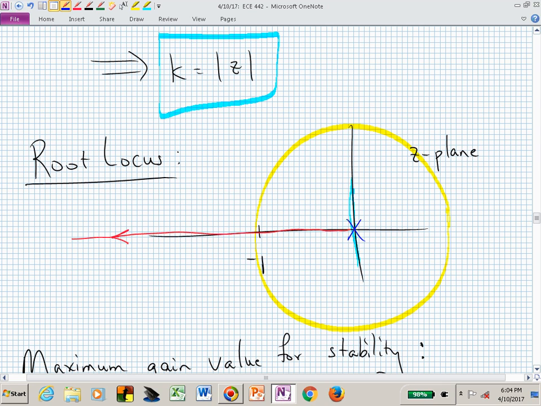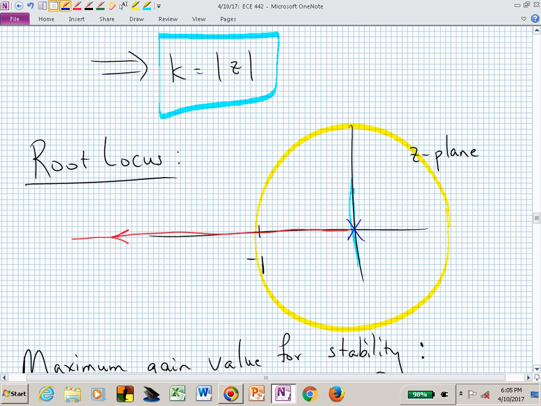We could evaluate it and we would get a value of 1. But that has no meaning because is the red line ever located at z equal to 1? No. So we do not have the potential of having a closed loop pole at z equal to 1.